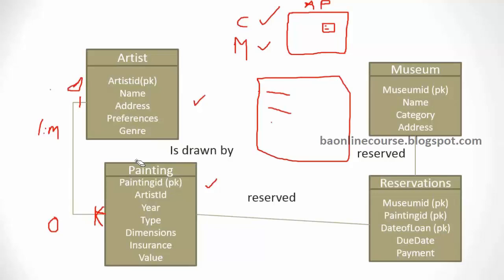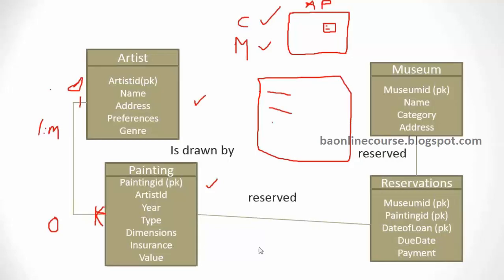Otherwise, you will not enter it. So you will not enforce it on the screen as well. If it's mandatory, then you will not allow the painting to be registered without the artist ID. If it is optional, then you will allow registering the painting even without an artist. You get what I'm trying to say, guys?